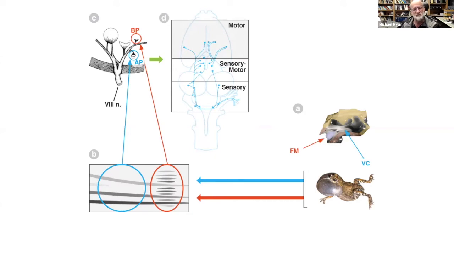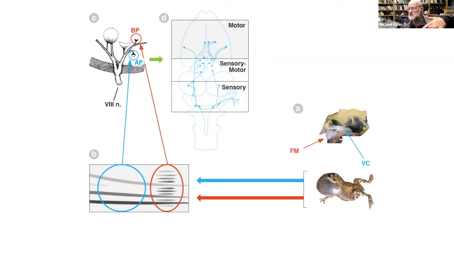So one can play different kinds of calls to females, sacrifice the females, then identify where there's been immediate early gene expression, and then you can see how much activity there is in different parts of the brain. What we see is that in the auditory nucleus, there are enhanced responses to conspecific calls over heterospecific calls and complex calls over simple calls.